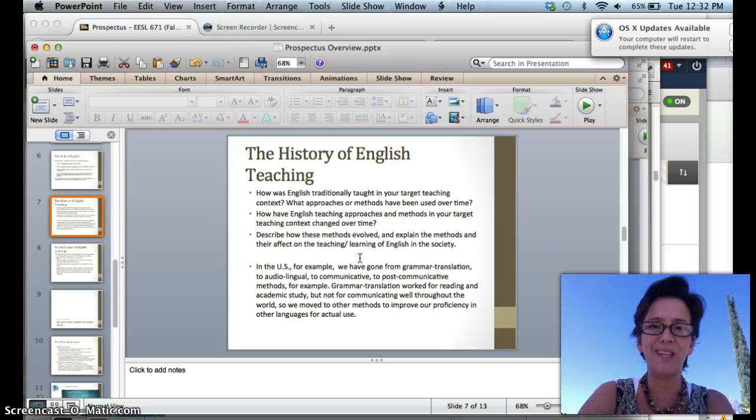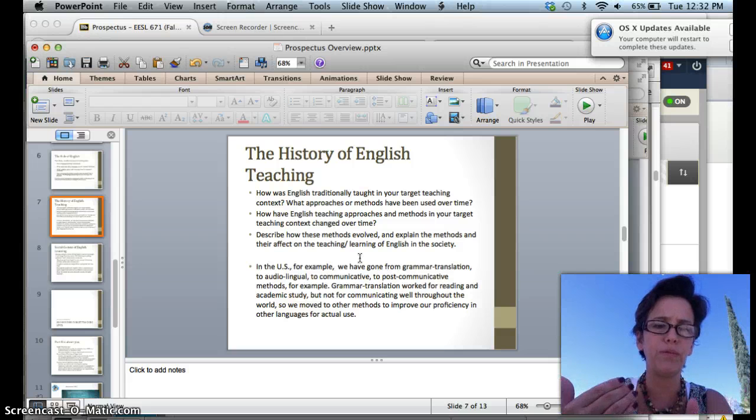So for example, in the US, when we think about foreign language instruction, traditionally there was just a focus on reading and translating the readings. And then we moved to grammar translation, where people translated texts, and it was really a way of teaching Latin. But then we decided, oh, we need to communicate as well.